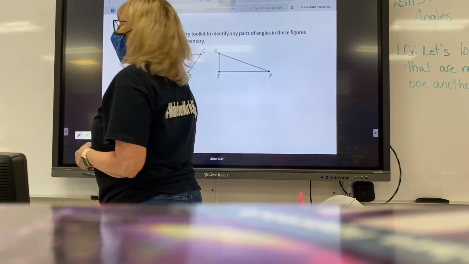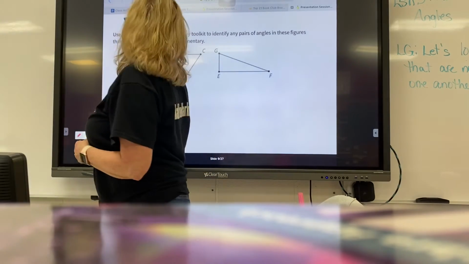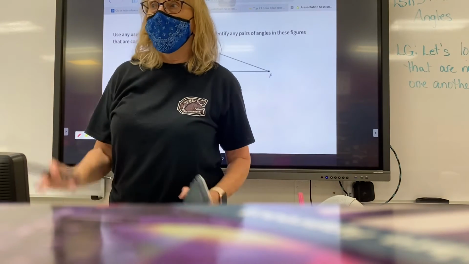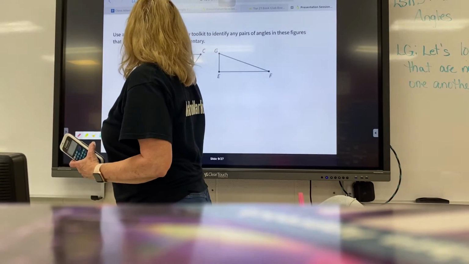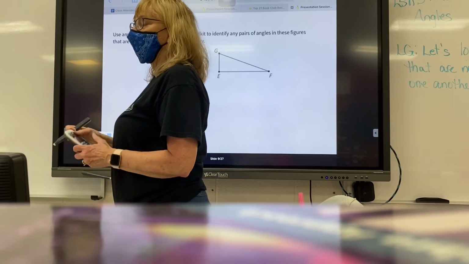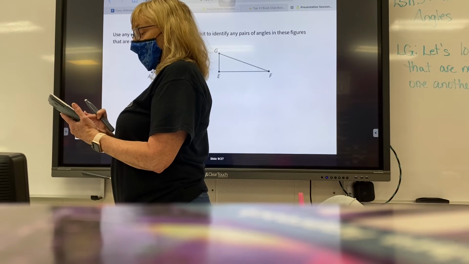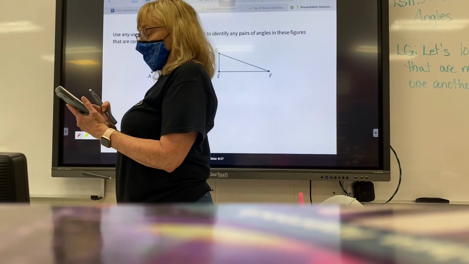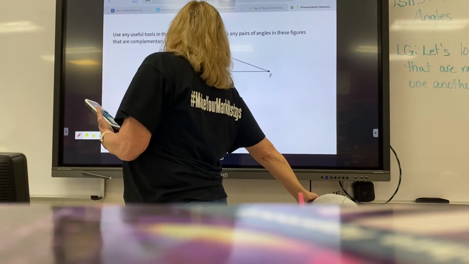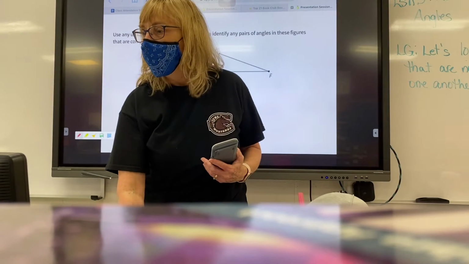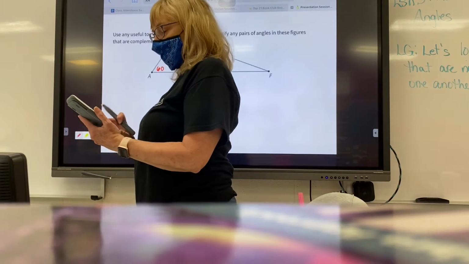If that's 58, what did you measure D to be? 120. All right, you got 120, but you had 60 right here, right? What did you have there? 55. Go back and measure angle A. What would angle D or B be?